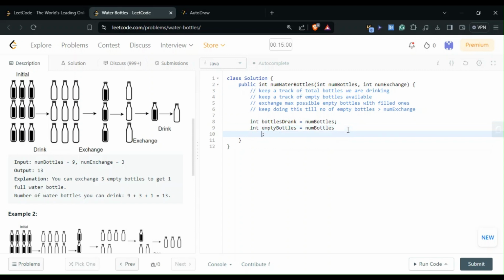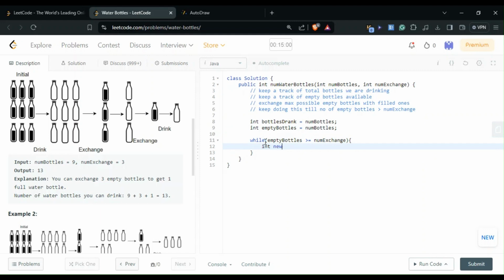And, like it is mentioned here, we need to do something, but we can do that till the number of empty bottles is greater than the number of bottles we can exchange for one bottle. So while emptyBottles is greater than or equal to numExchange, every time I'll need to get some new bottles.